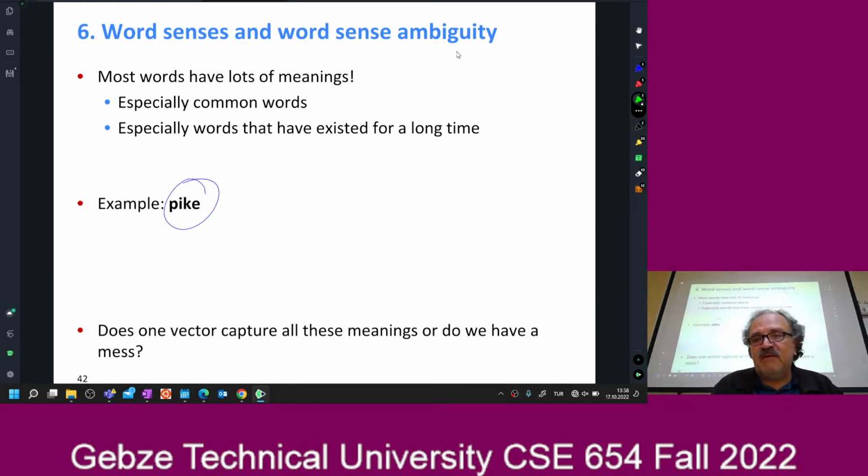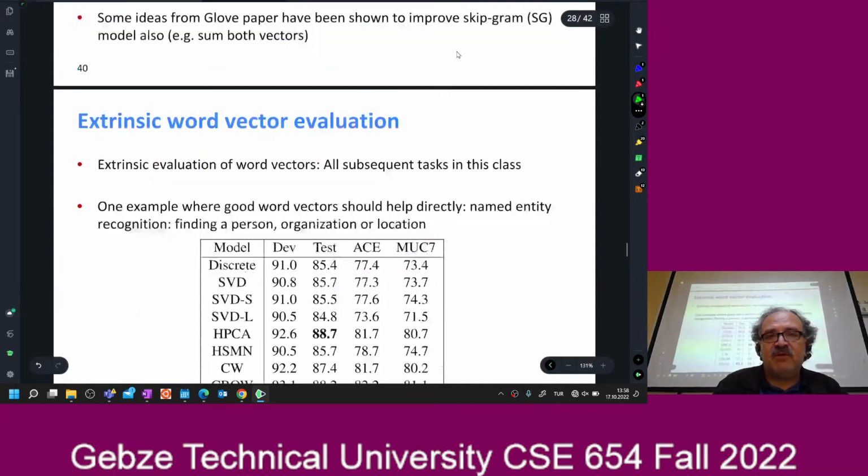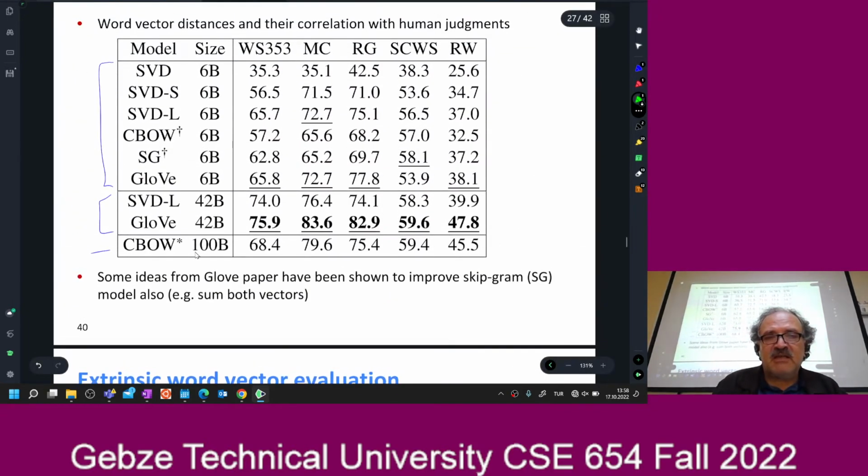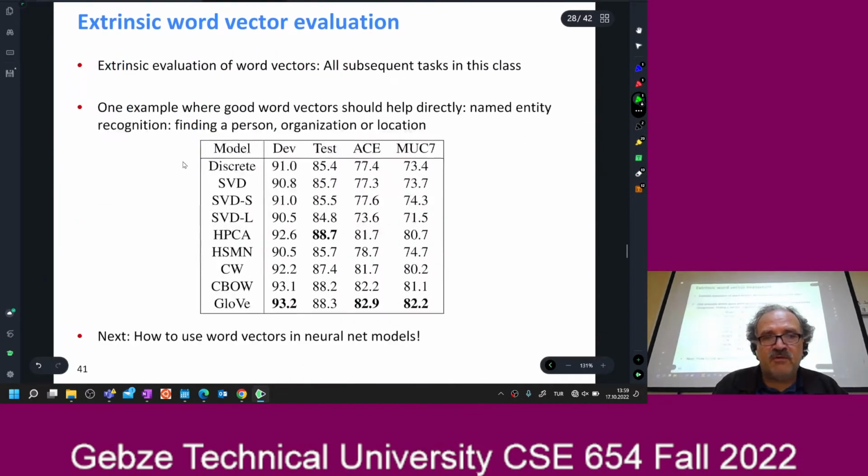In machine translation, I have to represent each word by a vector, using my vectors that come from continuous bag of words, or GloVe, or skipgram. Which one is doing better in terms of translation accuracy? That will give you the final numbers of the machine translation system. So what is the difference between those two? It is a difference of the word vectors.